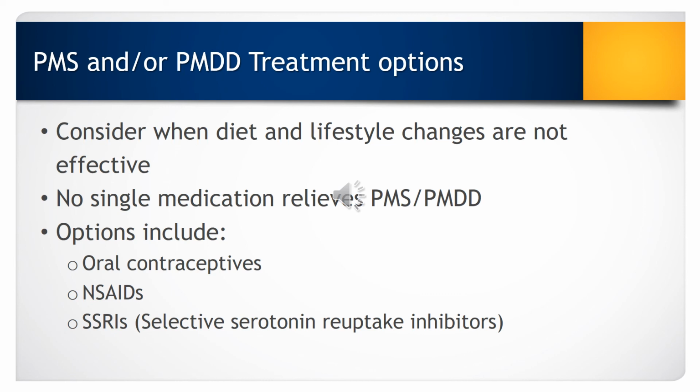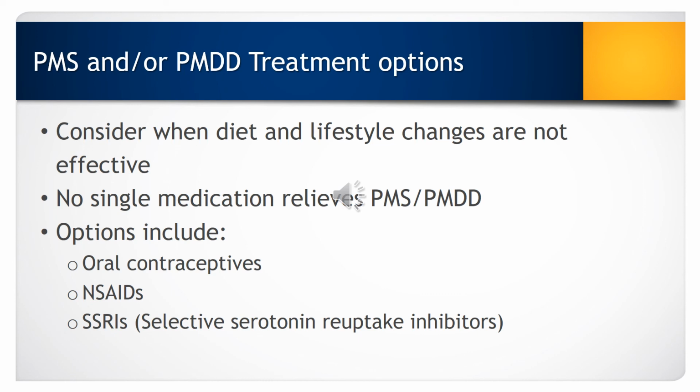So things like we talked about, like exercise and diet changes, decreasing caffeine intake, decreasing salt intake, are lifestyle changes. And as far as meds go, things like oral contraceptives that have an impact on that luteal phase, and we'll get into that.